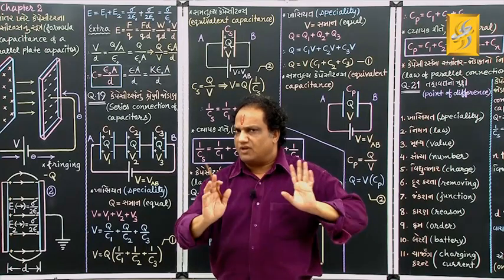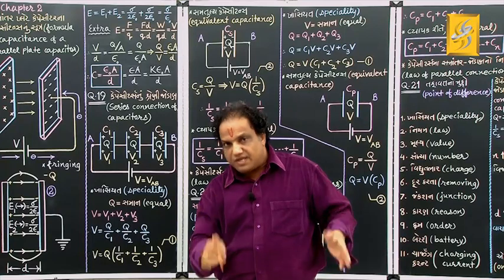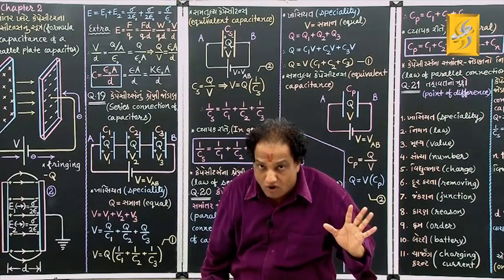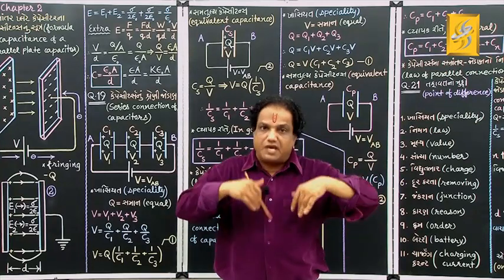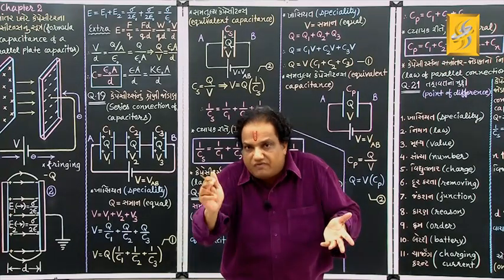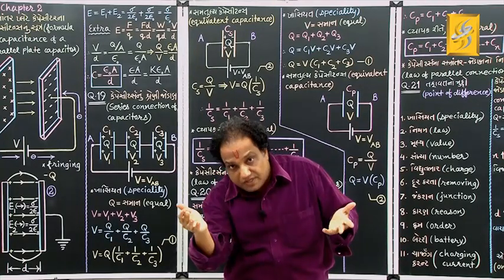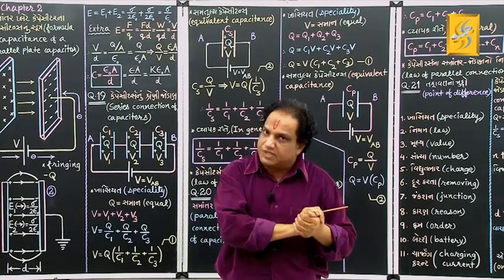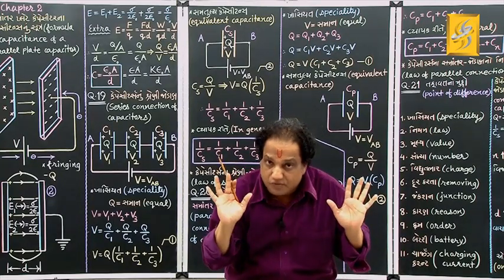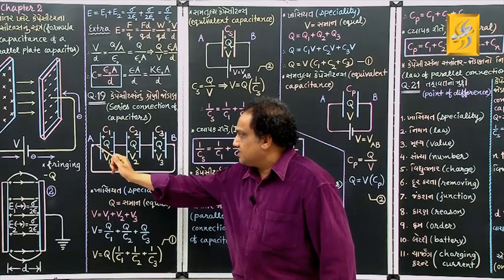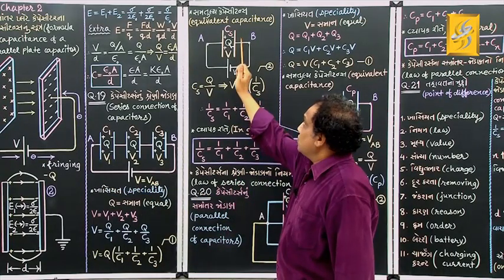Because both circuits are equivalent, we will call that single capacitor the equivalent capacitor of the given series connection of capacitors, and its capacitance we will call equivalent capacitance. Sometimes it is called resultant capacitance or effective capacitance, but the word equivalent capacitance is more famous. Okay? So now just replace this entire series connection by a single capacitor, which is shown here.